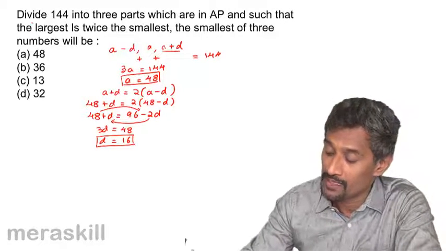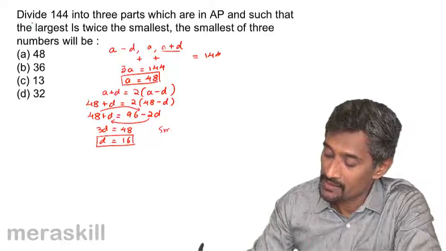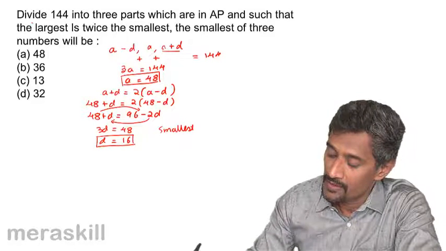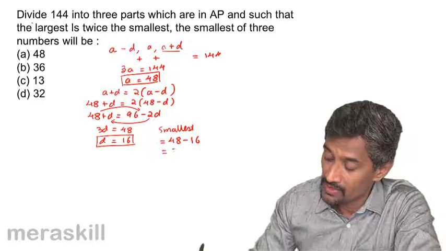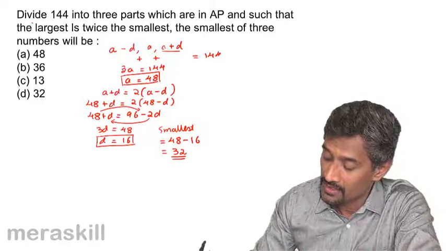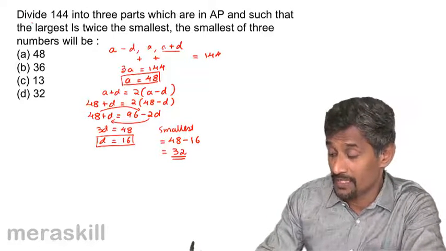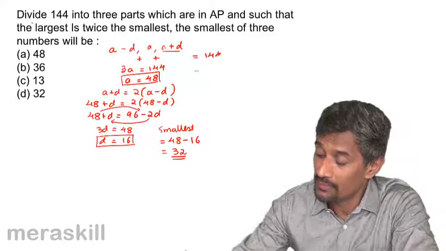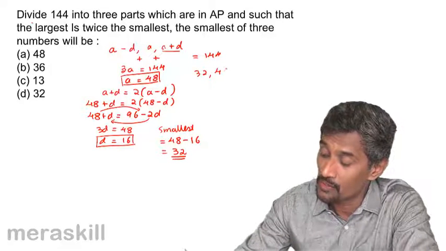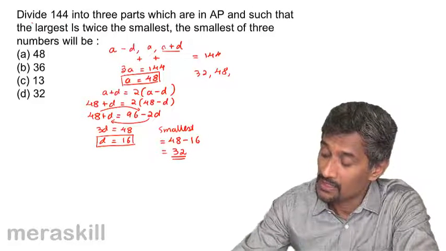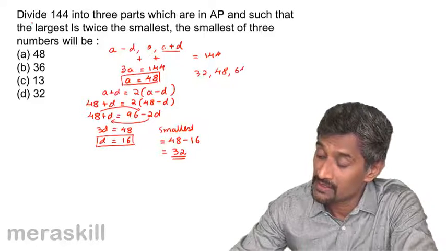So the smallest among them is equal to 48 minus 16, which turns out to be 32. We can check it: we have 32, the next one is 48, and the next one is 48 plus 16, 64.